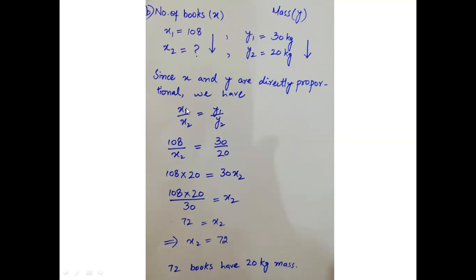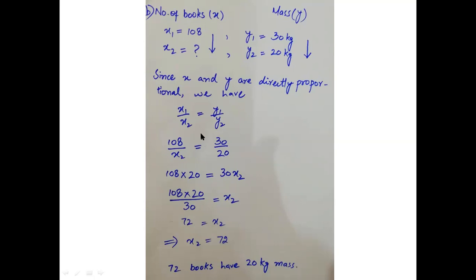Now we are going to put the values of x1, y1 and y2 in this equation. So x1 is equal to 108, x2 is unknown, so we are going to write x2 as it is, y1 is 30 and y2 is equal to 20 kg.